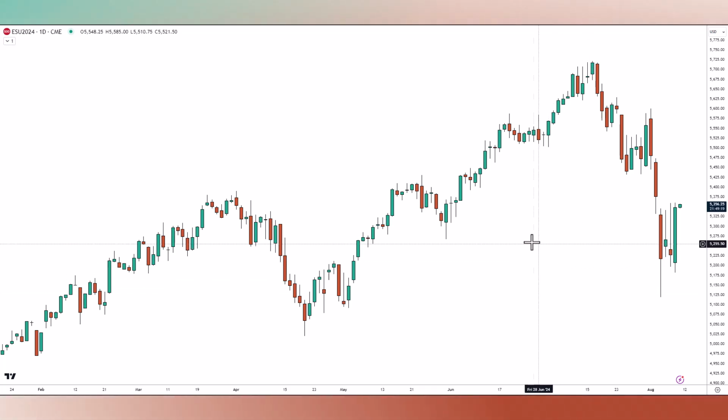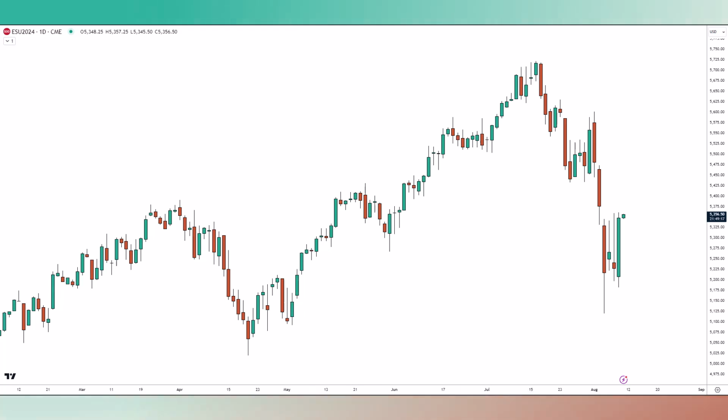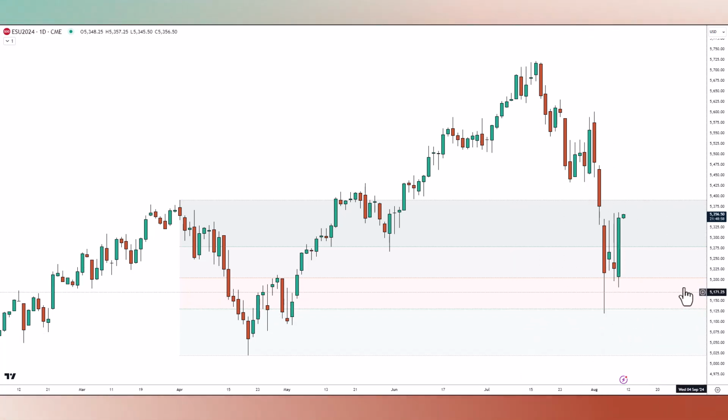Same story for ES. We had first one, second one, third one, and the fourth one. We had also this entire zone that wasn't unmitigated, and we'll see that in ES there's really a good precision than NQ, right?